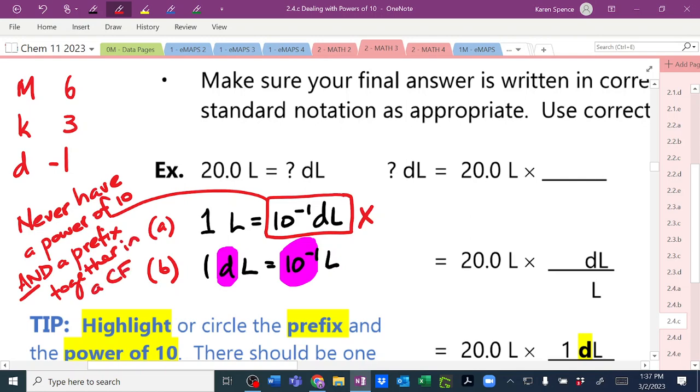So you should never have 10 to the -1 deciliter. It should always be the 1 that goes with the prefix. Okay, so the 1 goes with the prefix.